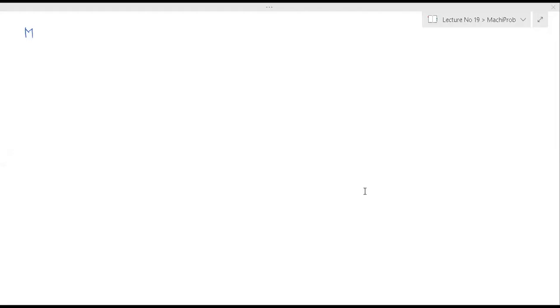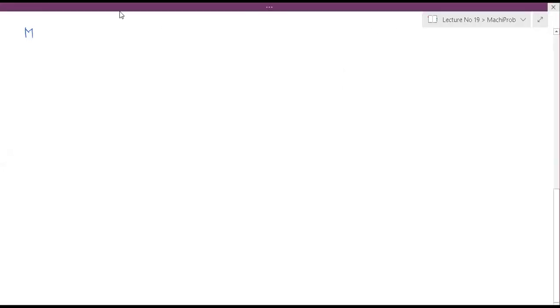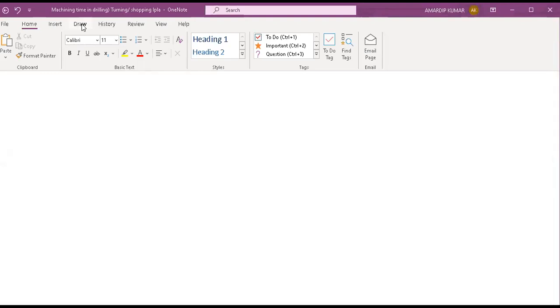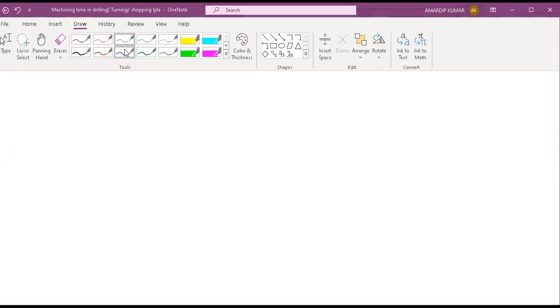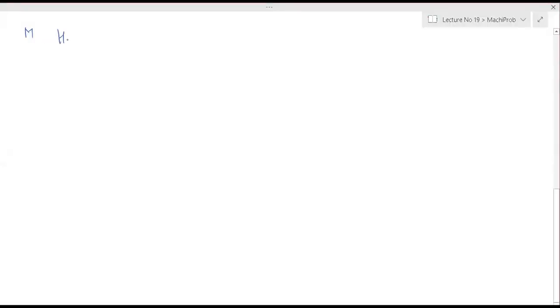It depends. If it is a helical groove drill, yes, we take approach 0.3 D, where D is the diameter of the drill.